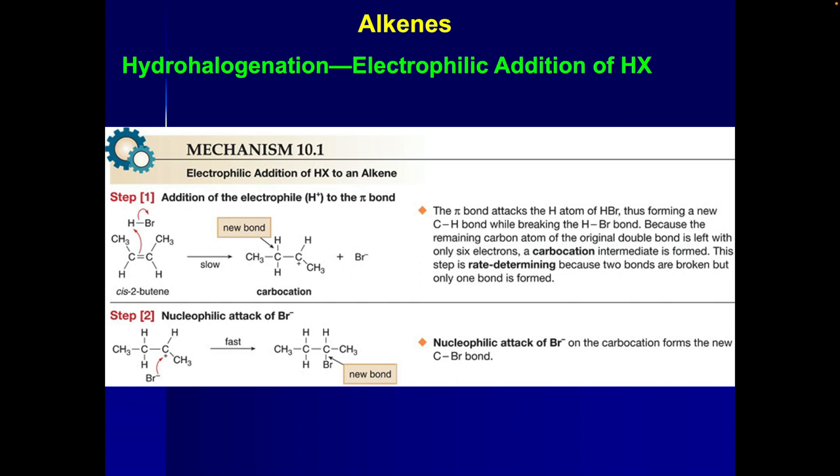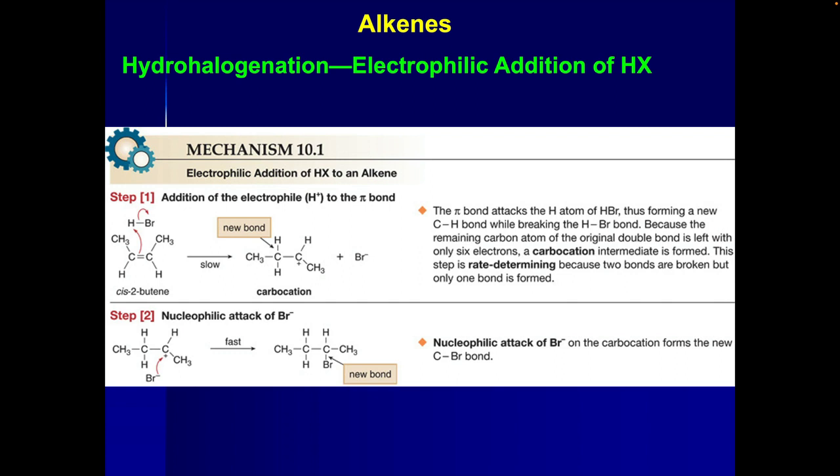Isn't this kind of suggesting that I'm forming a bond to hydrogen to give it 2 bonds? Kind of am, right? So something else has to happen. What else has to happen? A bond has to break. Which bond am I breaking? The bond between hydrogen and bromine. That's right. And so those electrons are going to go on to bromine.